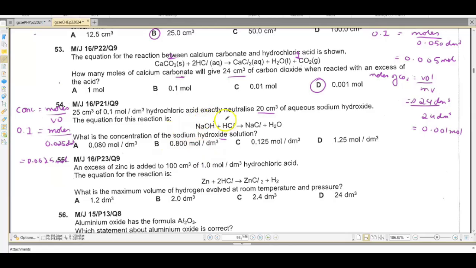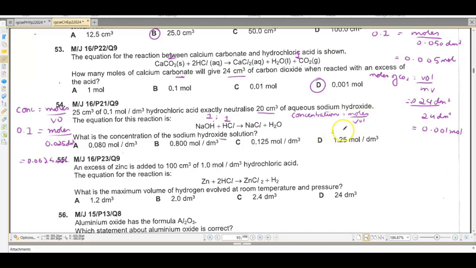Okay. Once we have the moles of HCl, we can simply find the moles of NaOH, and over here we can see that the moles of HCl and moles of NaOH are going to be the same since they are in the ratio of 1:1. So we can simply find the concentration with the formula moles per volume.